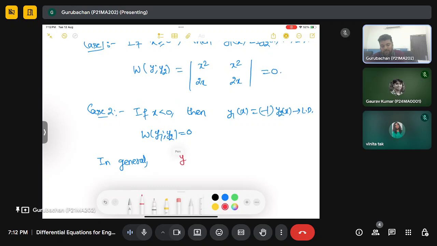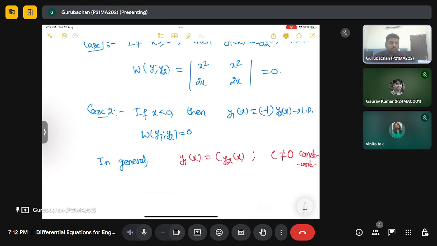Can we say that y1(x) is equal to c times y2(x), where c is any non-zero constant? Can we say this? So the answer is no, because x square cannot be written as c times x mod x for any c.